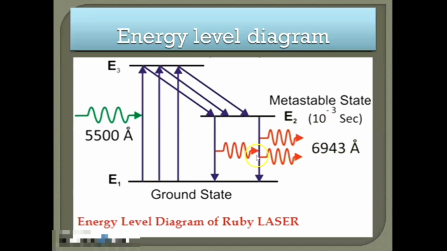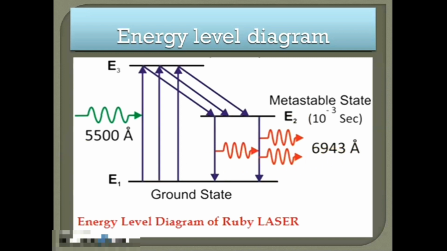This is due to stimulated emission, and it represents the amplified signal, which is light amplification by stimulated emission of radiation. This is laser, and as we obtain this laser with the help of ruby material, that's why it is known as Ruby laser of 6943 angstrom.